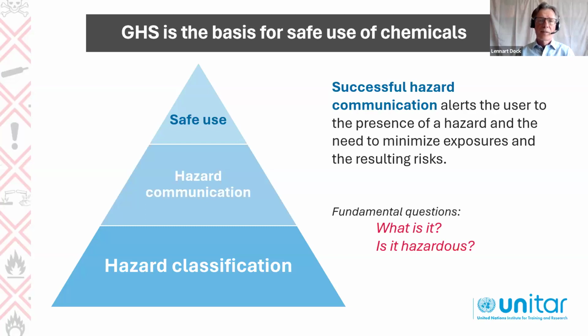This is what I would like to stress, that a system for hazard classification and communication is the foundation for any system on chemical management, whether it's pesticides, workplace chemicals, food additives or what have you. That's a very important take-home message.